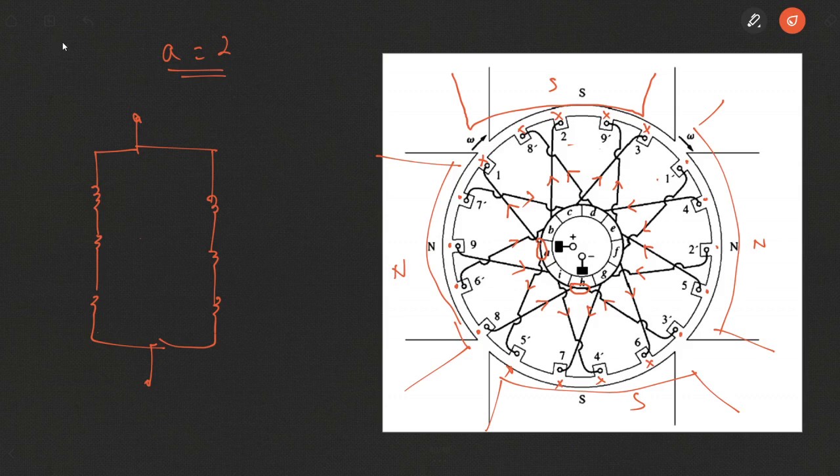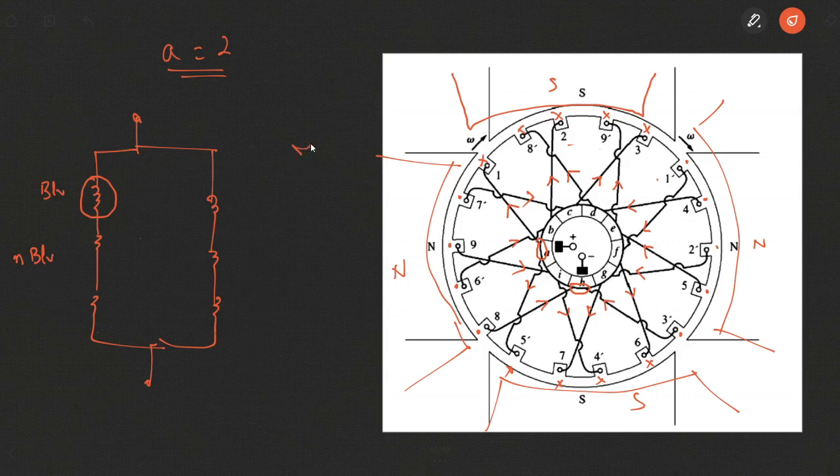Fine. So why is this important? Because we have actually calculated voltage in one coil side equal to BLV. Fine. Then if there are n number of conductors on this side, that means nBLV will be the total induced voltage.